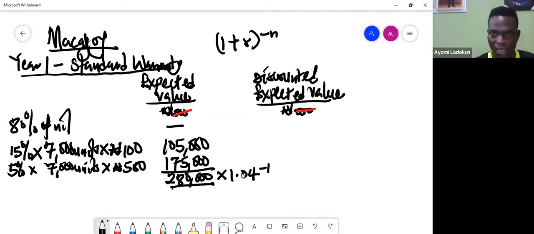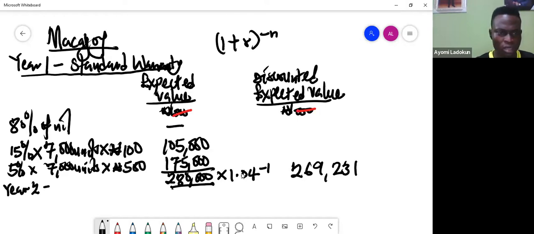When I do that, that's the discounted expected value. It will now give me 269,231. I didn't manage this well, so I'll now go to year 2. Let me try to manage it. Year 2 is the extended warranty. Handwriting is so big there.